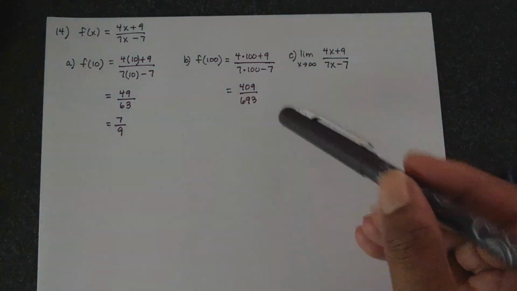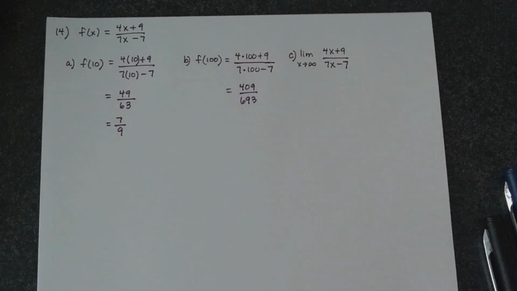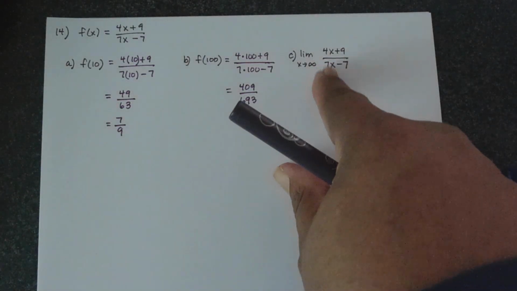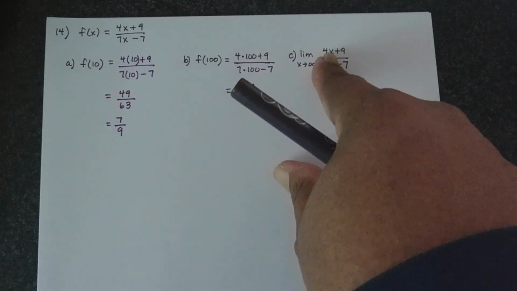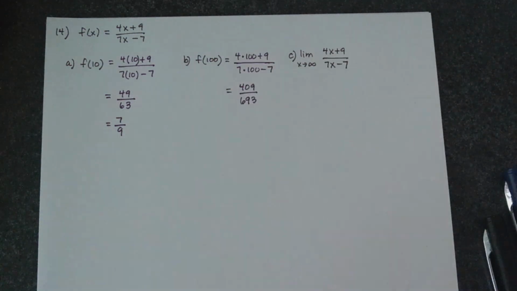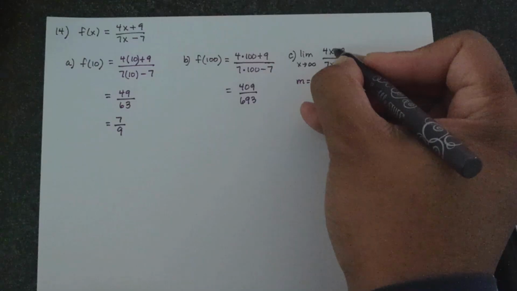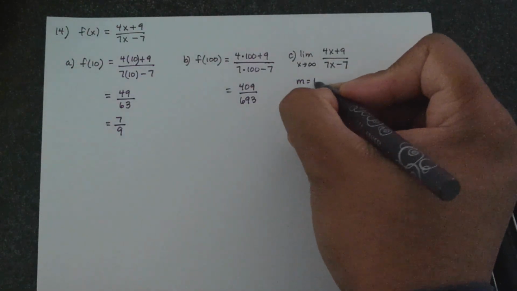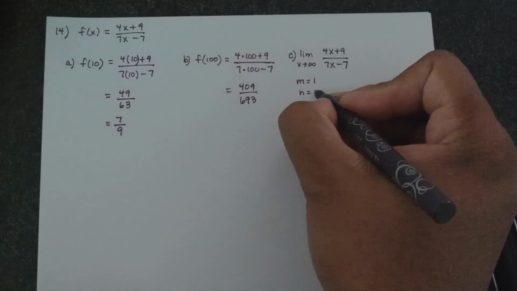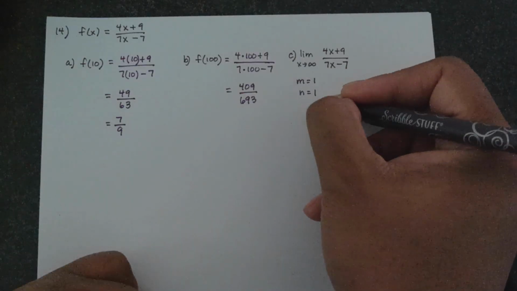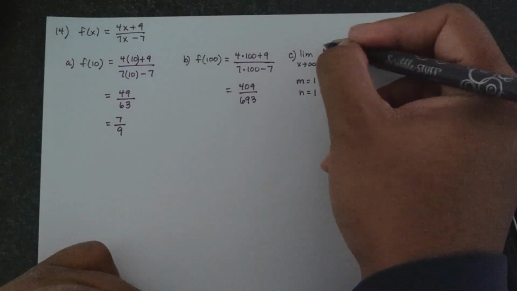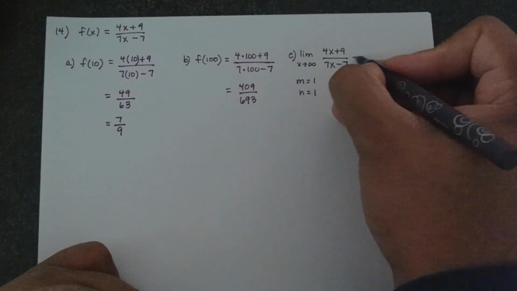One of them is to divide each and every term in the numerator and the denominator by the highest exponent of the denominator. But if you look at your numerator and your denominator, what's the highest exponent in the numerator? 1. And what's the highest exponent in the denominator? 1. M and N are the same.